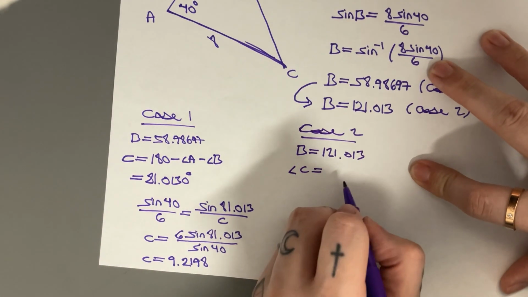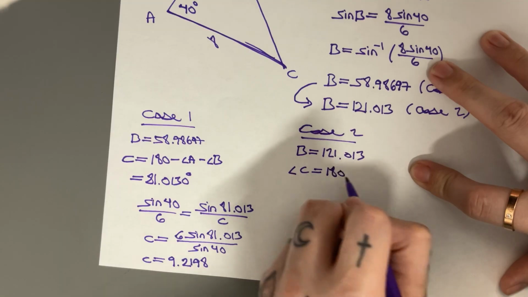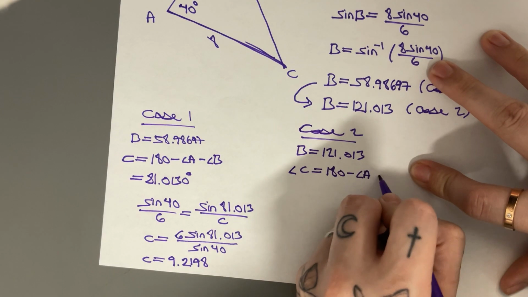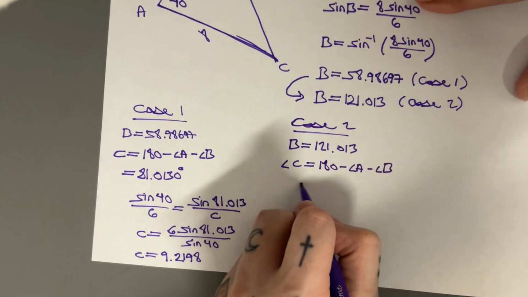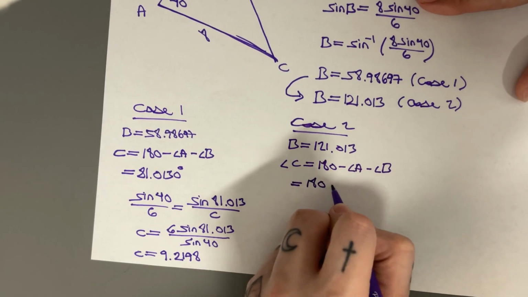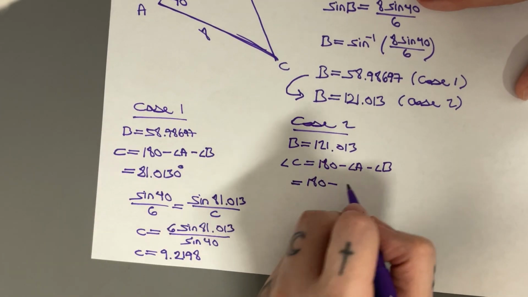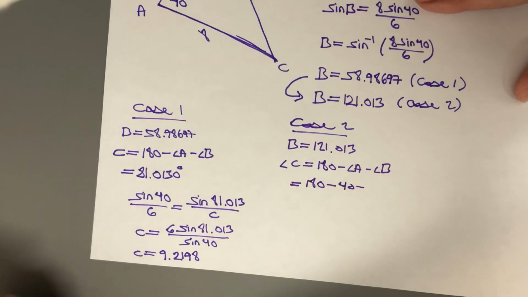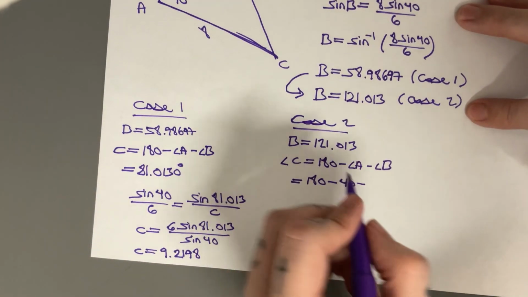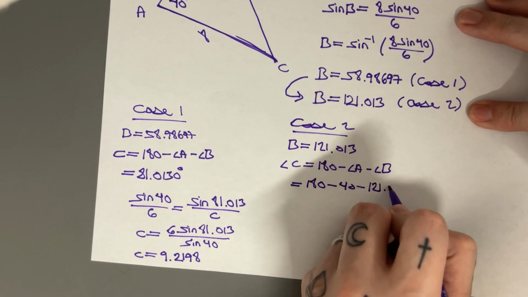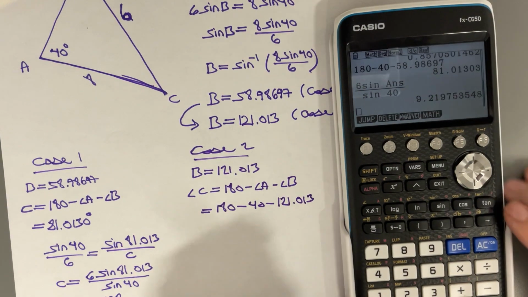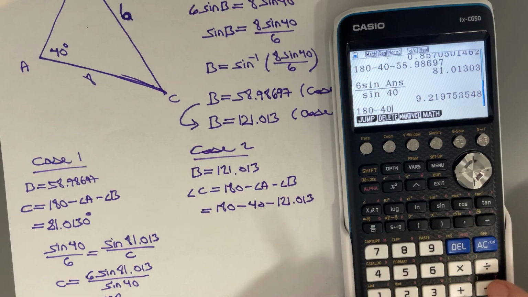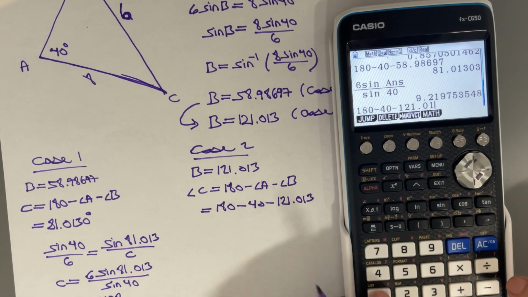So I'm still going to do 180 degrees minus angle A and then minus angle B. So now I'm going to have 180 degrees minus angle A, which is 40, then minus angle B, which in this case we're saying is 121.013. So 180 minus 40 minus 121.013.